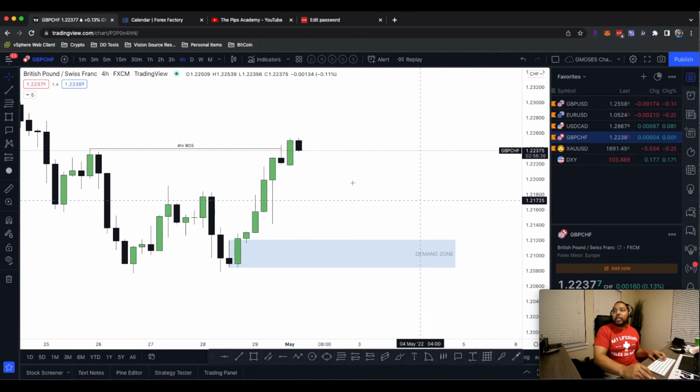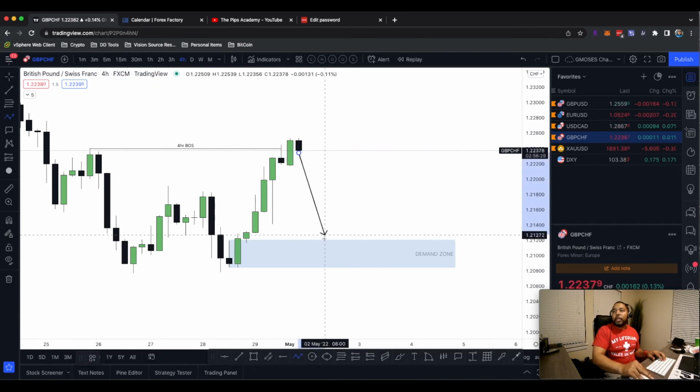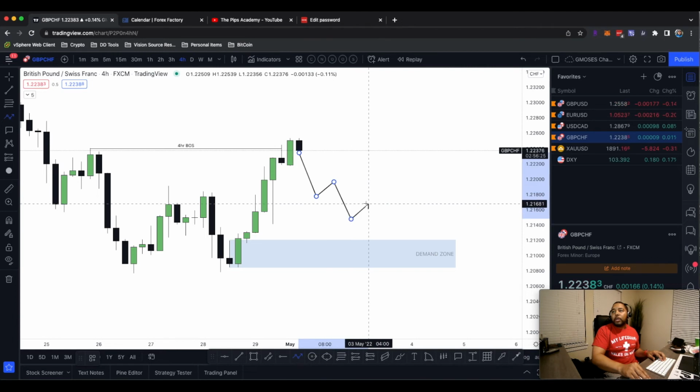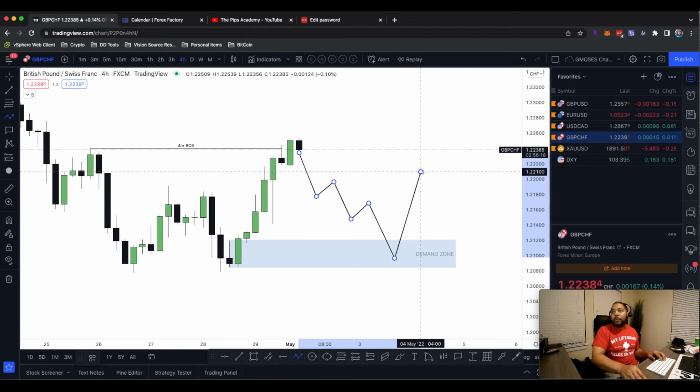So one of the things that we'll be looking for, if price came down to our demand zone here, let's say on a 4-hour time frame, we saw something like this. Price came down, it gave us a break of structure on the 4-hour, and then it gave us a pullback.